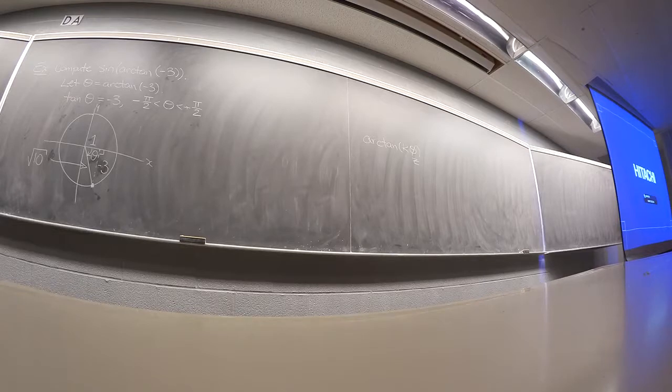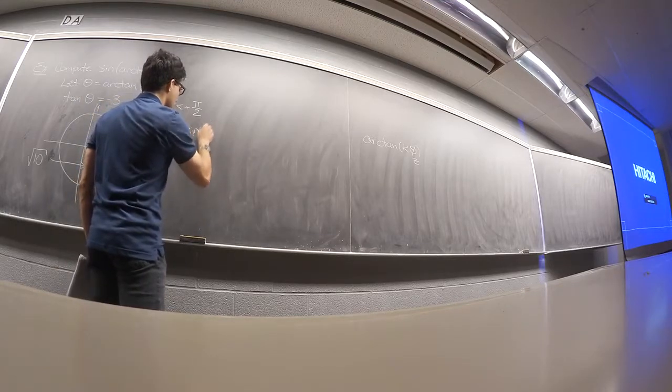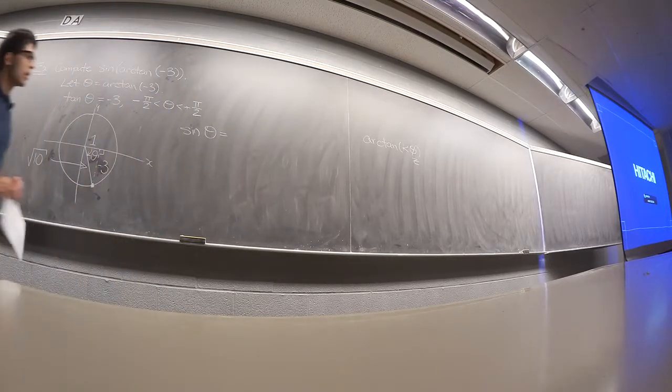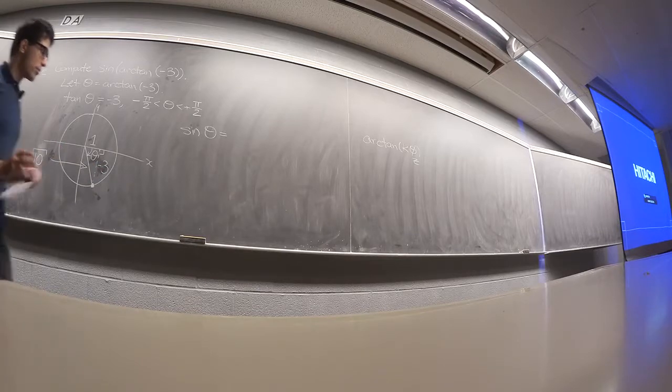Okay? All right. And what are we looking for? We're looking for the sine of theta. Life's good. So O over H, O over H: minus 3 over root 10.